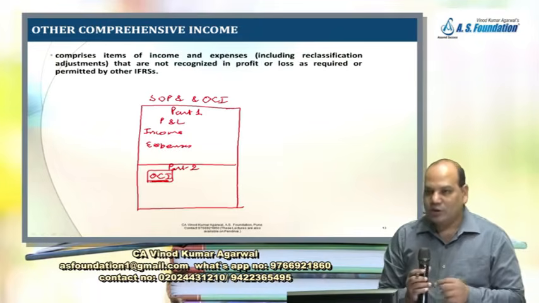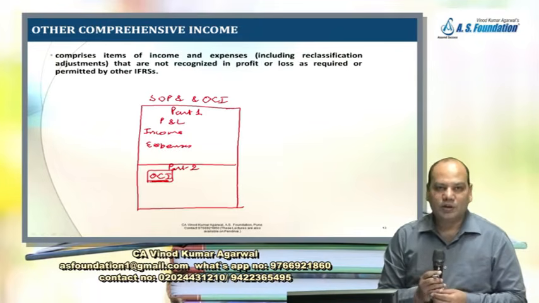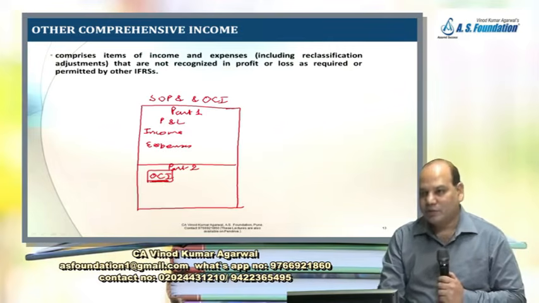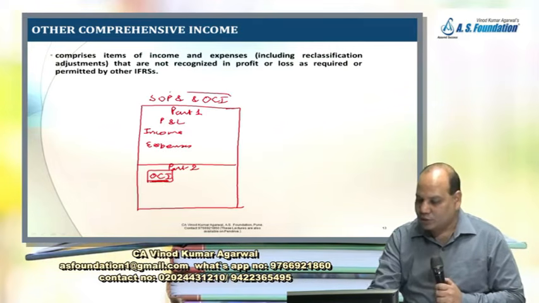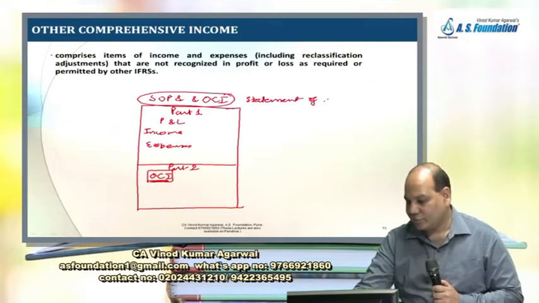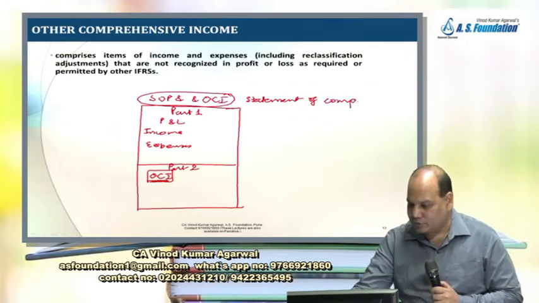And accordingly it will help them to take a more informed decision. So this is OCI, other comprehensive income. This statement together is also called statement of comprehensive income.